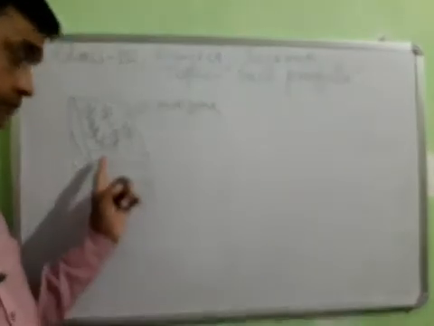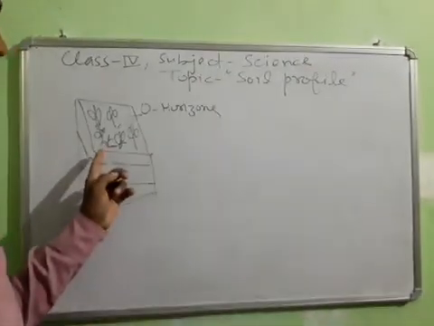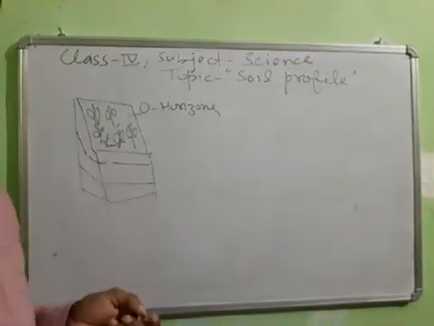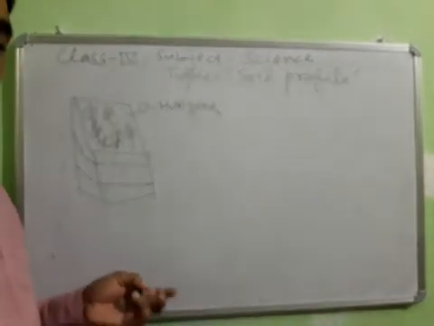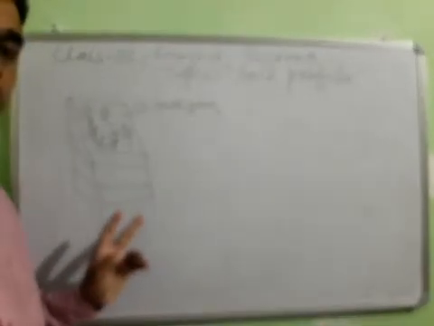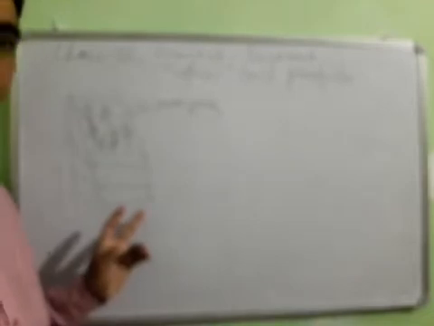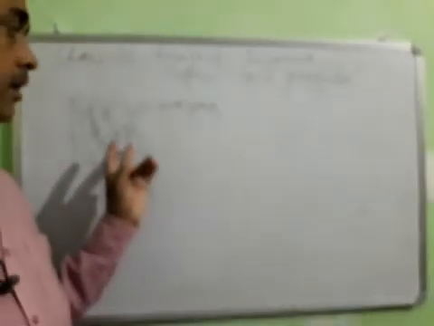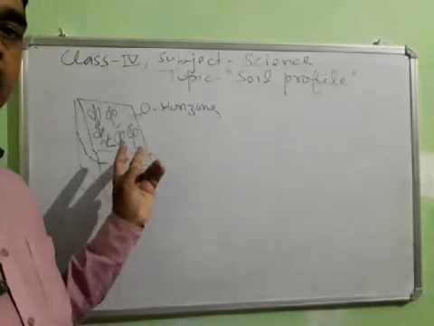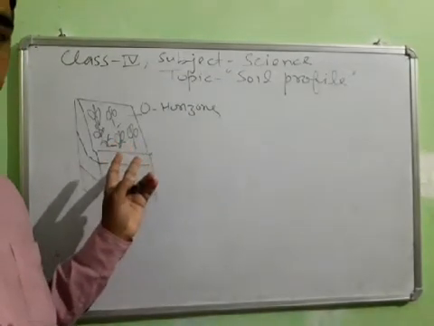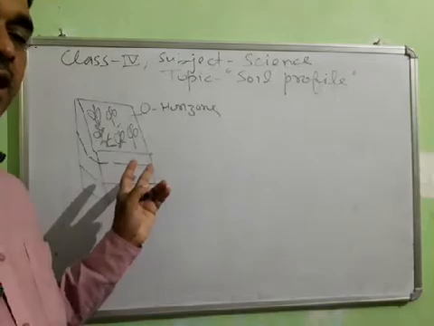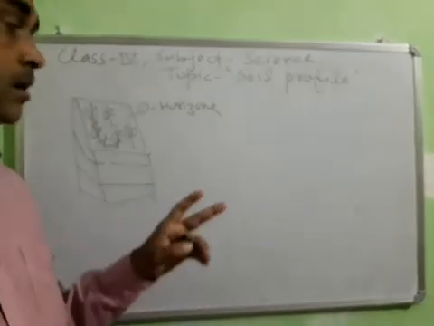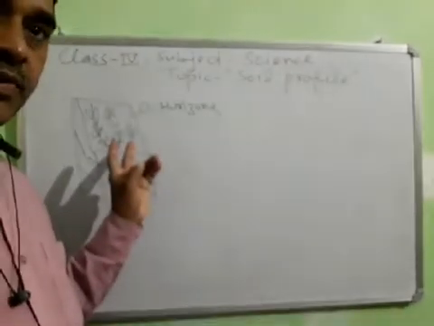This is a very thin layer where only small plants and grasses grow, and it is rich in humus, because many leaves fall down from the trees and decompose to make humus, which has very high nutrient value.